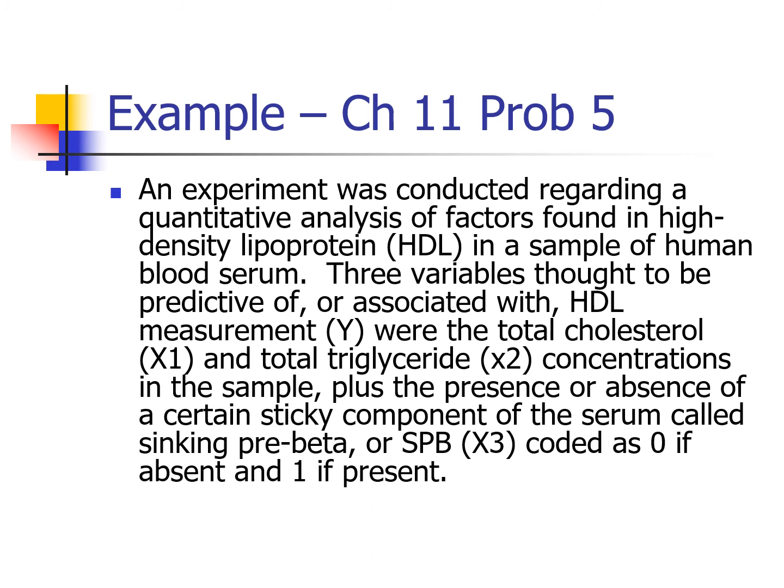Total triglycerides, whatever a triglyceride is, that's also numeric. Here's my favorite. And the presence or absence of a certain sticky component of the serum referred to as sinking pre-beta, SPB, of course, SPB. X3 coded as 0 if absent and 1 if present. So it's a problem from our textbook.